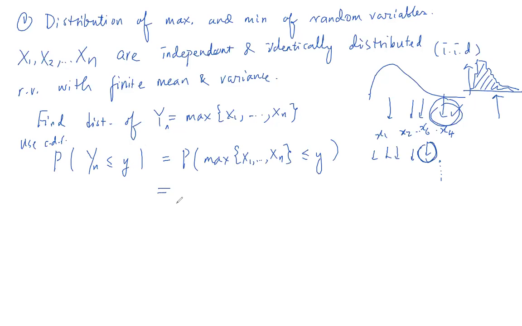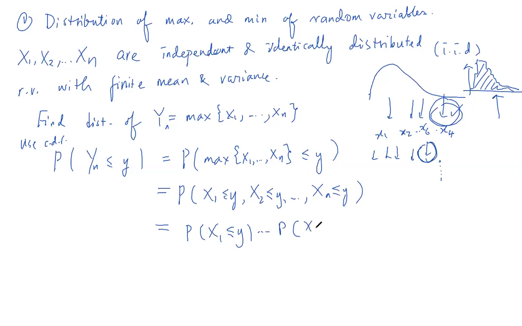So now you have to think a little bit about what it means when you say the maximum of X1, X2 until Xn is bounded by y. This is equivalent to saying that all your X1, X2, all of them are bounded by y. Okay, and this one you can decompose into a product because you have the assumption of IID, right?